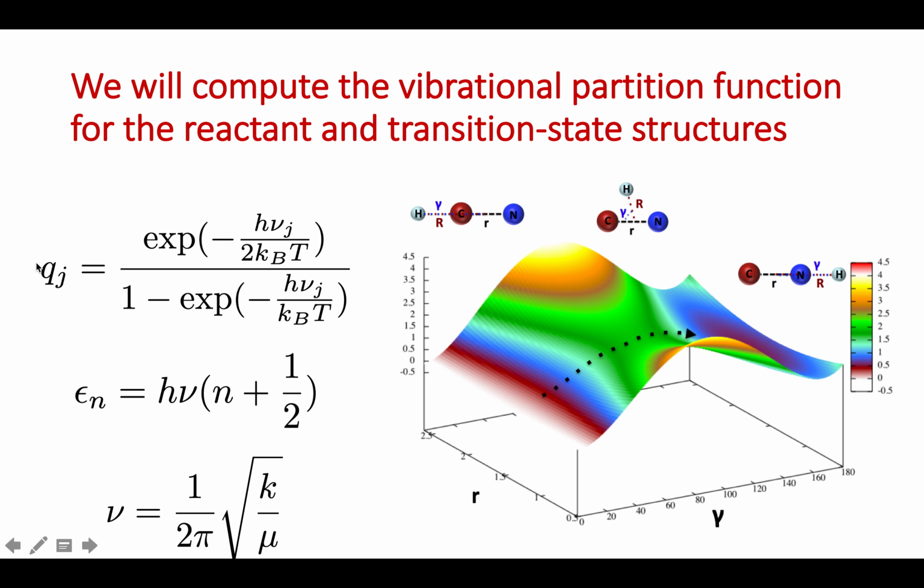We can write Q sub big R for the contribution which depends on the hydrogen center of mass distance, Q sub little r for the part that depends on the CN stretch, and Q sub gamma for the term that depends on the bond angle. For each one we need to know the frequency of that vibration.